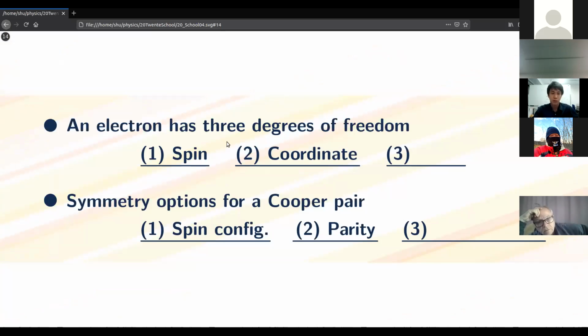Simply, we forgot one important degree of freedom of the electron. The electron has three degrees of freedom: spin, coordinate, and also time. Which means that the Cooper pair also has a time degree of freedom, which means that the Cooper pair has a frequency degree of freedom.